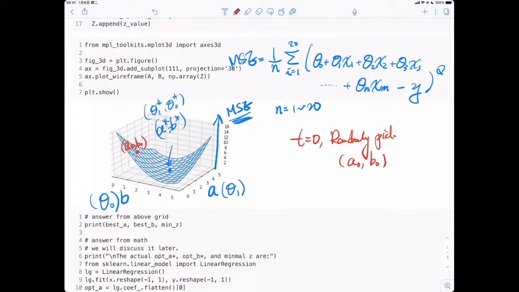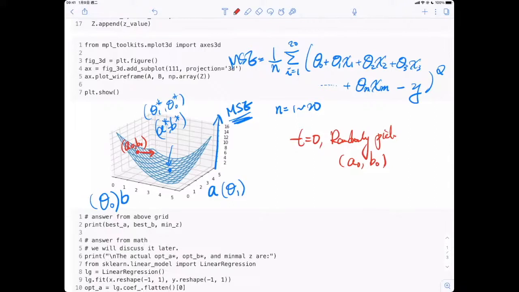So basically, we observe, using mathematical tools, that there is a direction from the perspective of A. It should be like this direction. If you go in this direction from the perspective of A, you get a smaller MSE value.